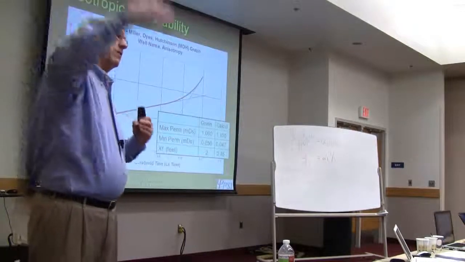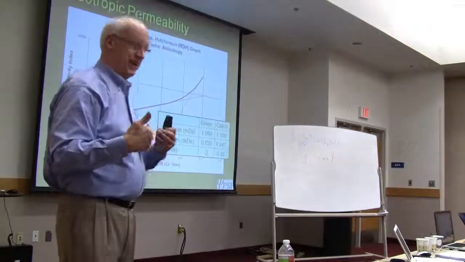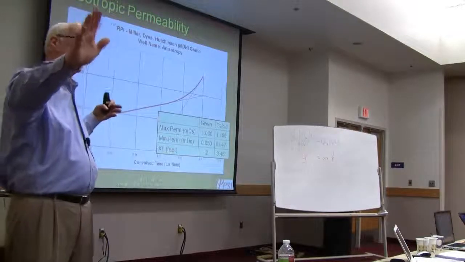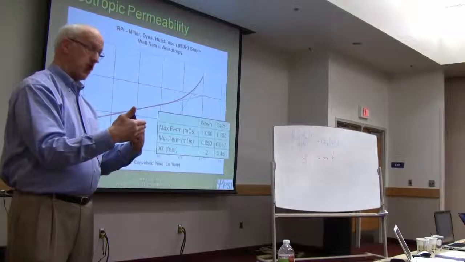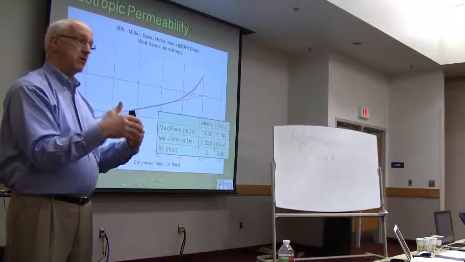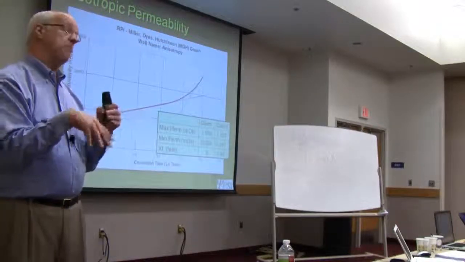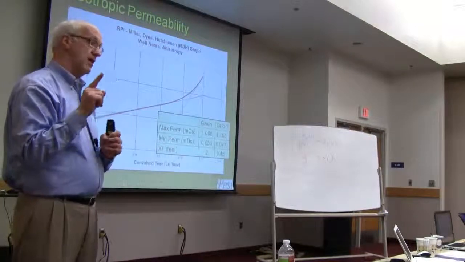Okay, so then we go to this issue of geometry, and all of those ideas are based on this idea of a symmetric fracture. Now I look at the microseismic and I see that right near the wellbore there were 1,000 events. And so I'm stuck with this idea that tortuosity is a major issue, and I'm going to try to talk about that tortuosity as if it were an effective length.